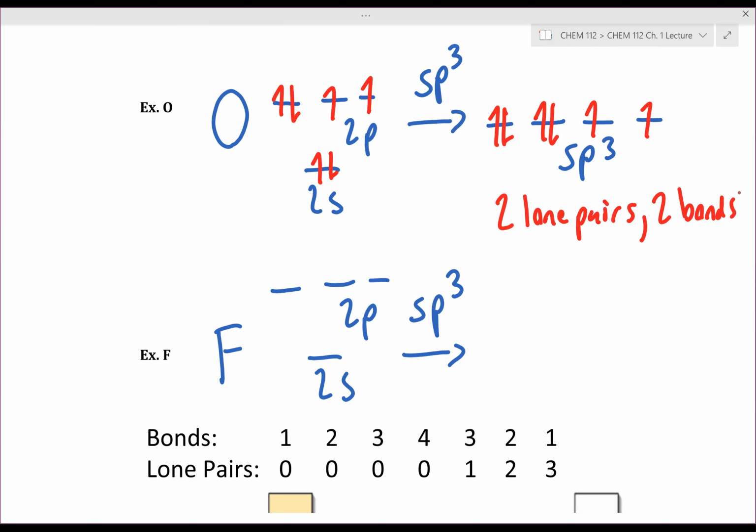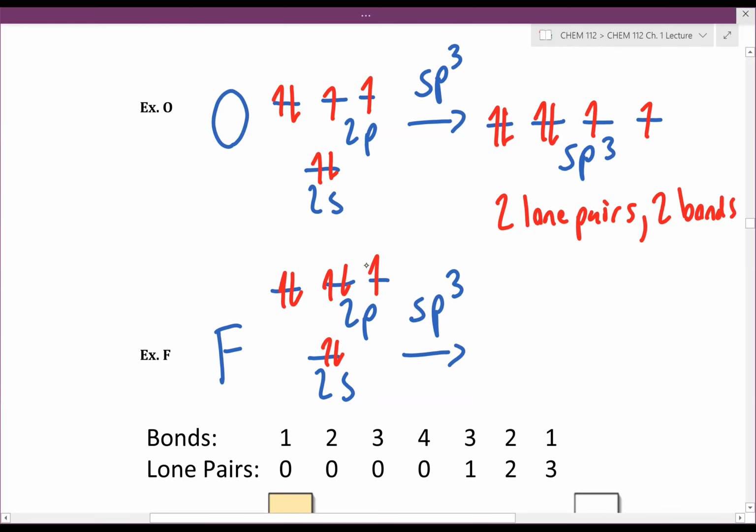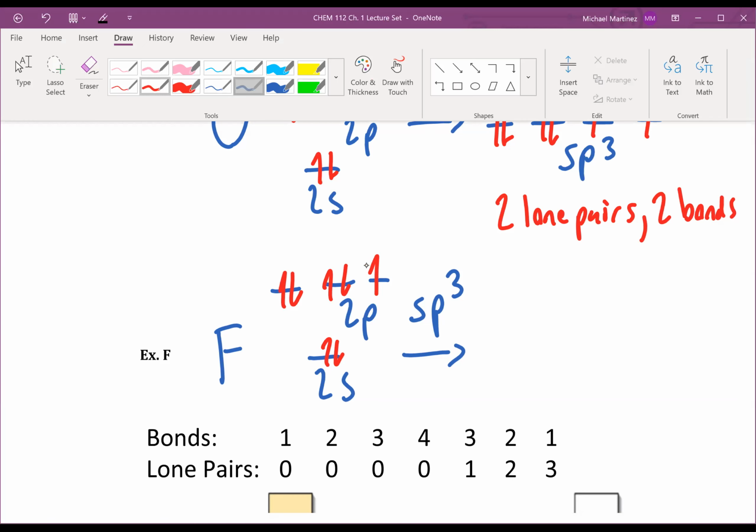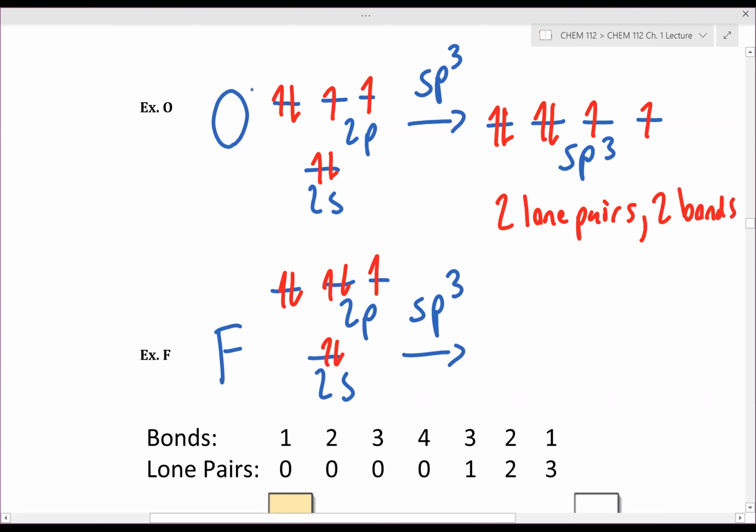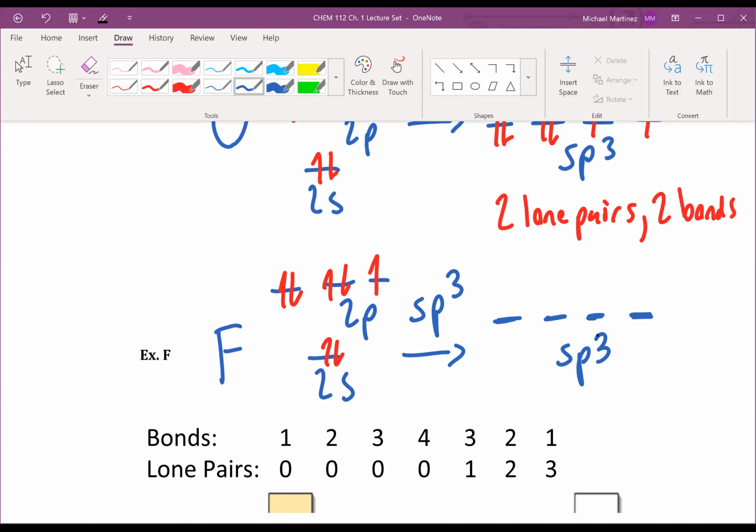Does this match the observed data in our physical world? Perfect. So for fluorine, fluorine has how many electrons to its name? 7. Yep. 2, 4, 6, 7. We are then going to hybridize fluorine. Fluorine doesn't typically adopt an sp3 hybridization, but I'm just showing you for completeness. 1, 2, 3, 4 hybrid sp3 orbitals, and we're going to fill those orbitals with our 7 electrons.